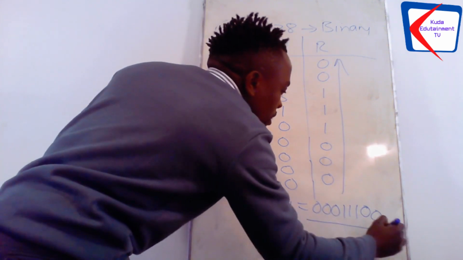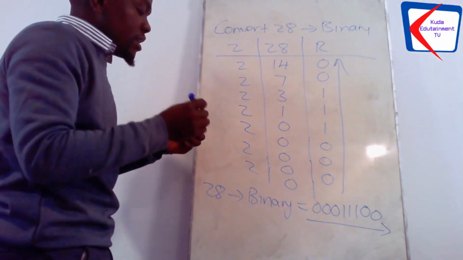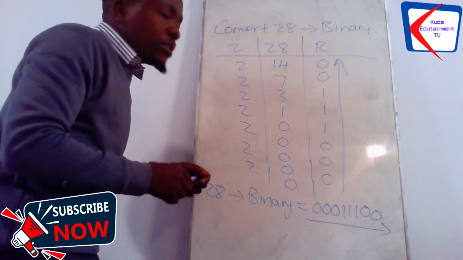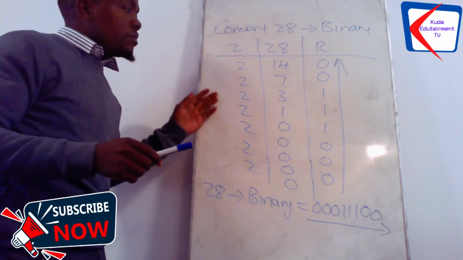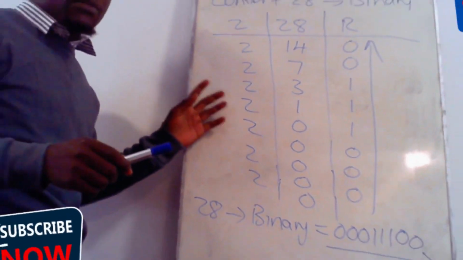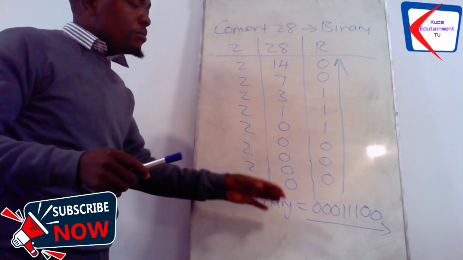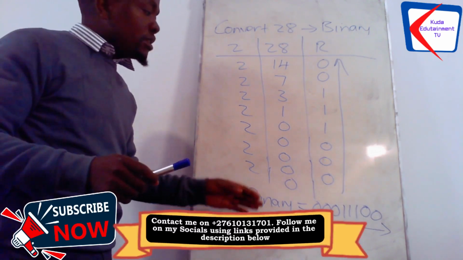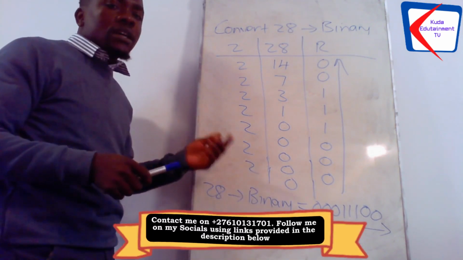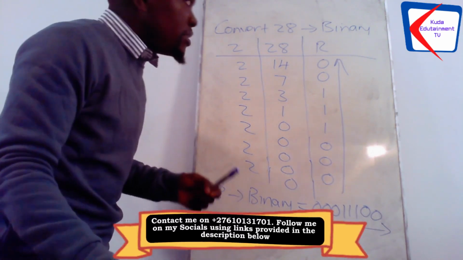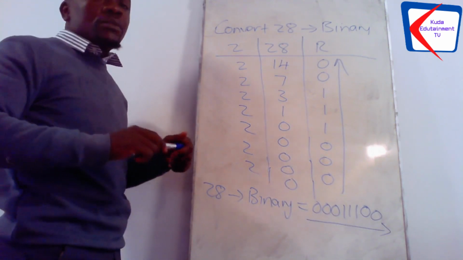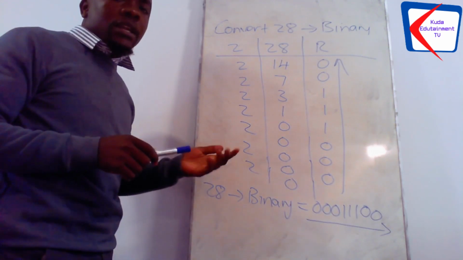If you compare the two methods, you see that the answer is correct. You can use one method and then use another method to check your answer. If you get the same answer on both methods, it means your answer is correct. This is how we divide by 2 to convert a denary number that is greater than 15.